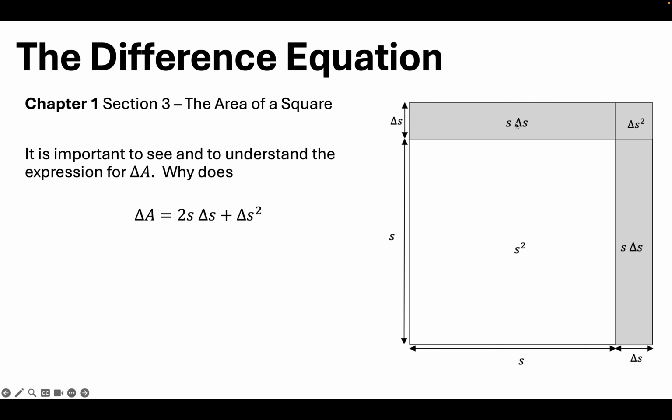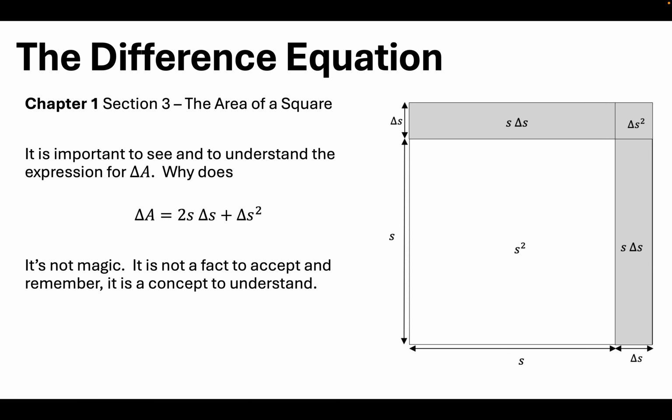These are rectangles. This one is s by delta s. This one is s by delta s. That's the 2s delta s, and here we have the delta s squared, and that is delta A, which is why delta A is 2s delta s plus delta s squared. It's not magic. It's not something to accept. It's a concept to understand.